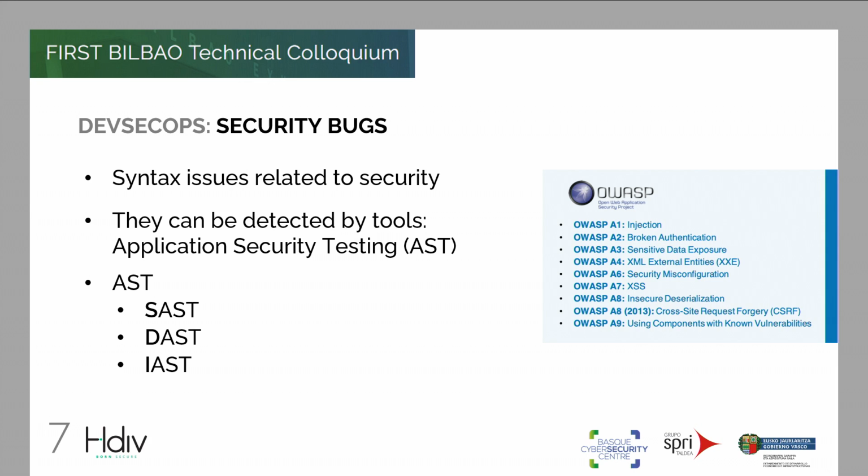We have SAST, source code analyzers, tools that analyze source code. We have DAST, or web scanners, that make requests to the applications in order to detect issues. And there is a newer one called IAST, or Interactive Application Security Testing, which is a mix between both: we have the dynamic view and the static view.